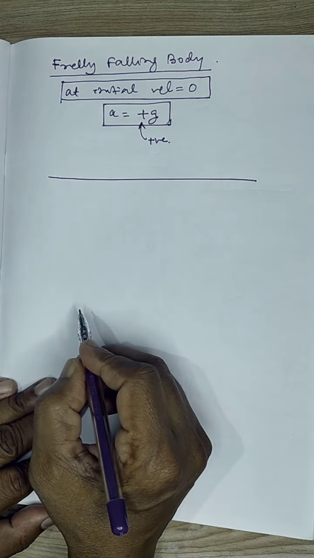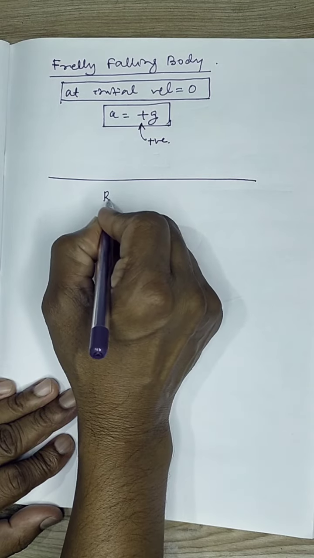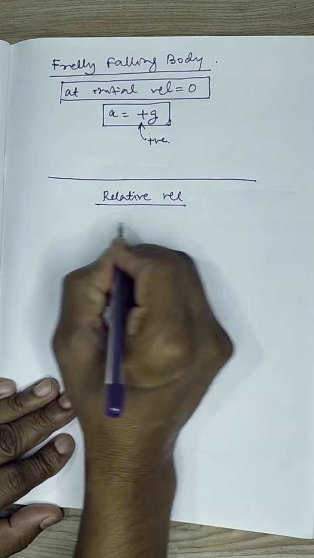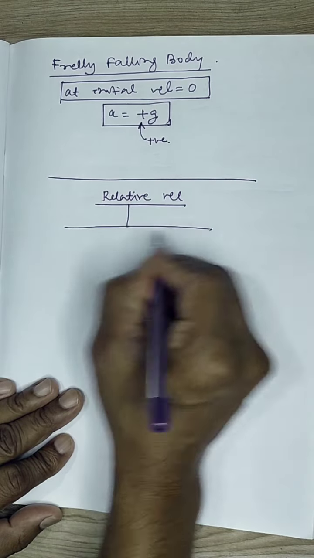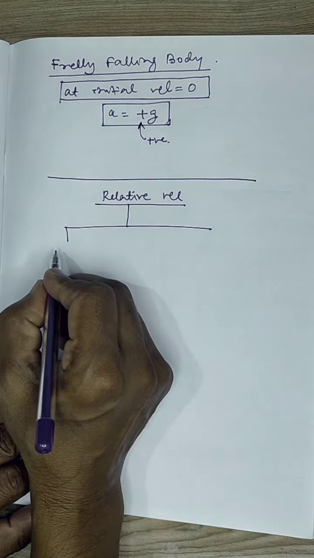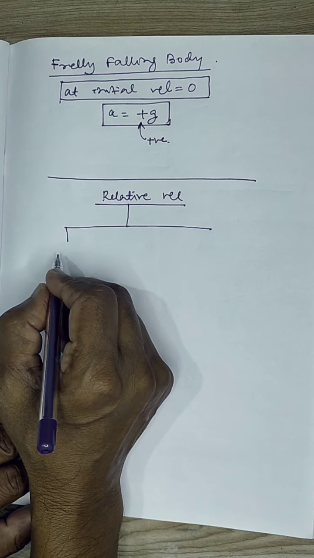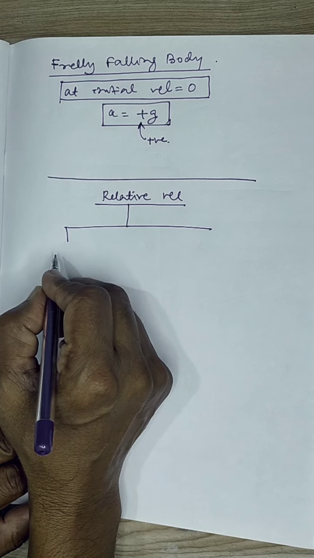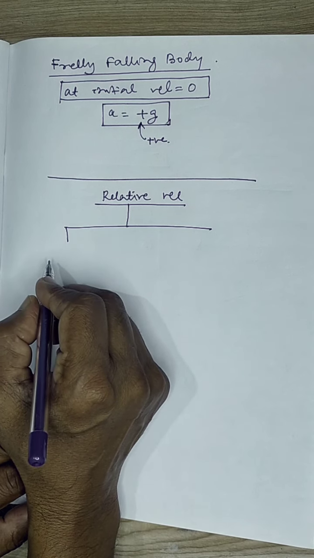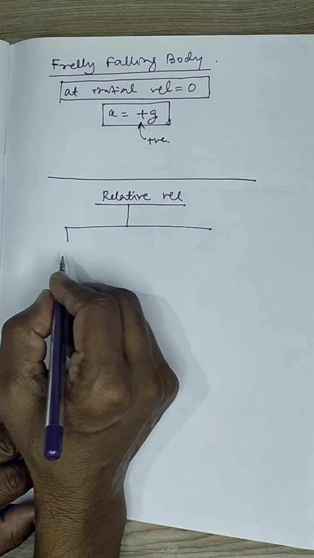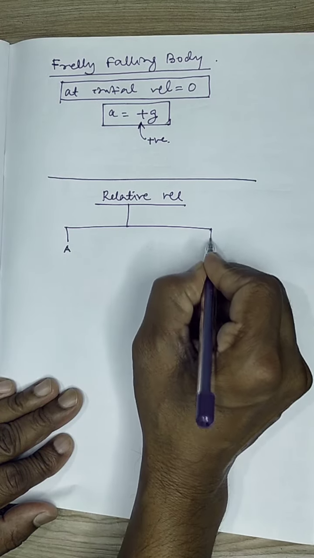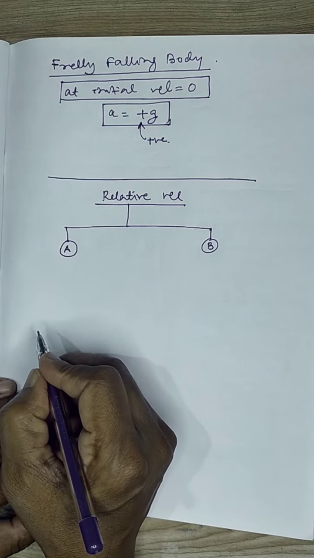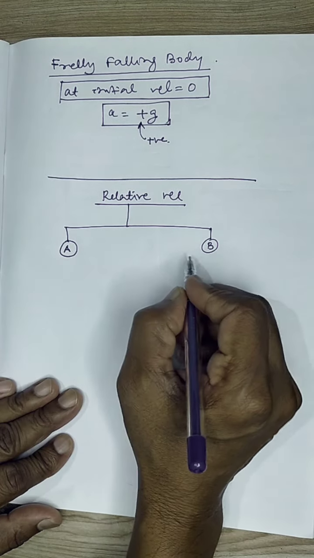Now let us study relative velocity. Relative velocity is the velocity of an object with respect to the velocity of a certain reference object. When two objects are moving, it will be the relative velocity between them.